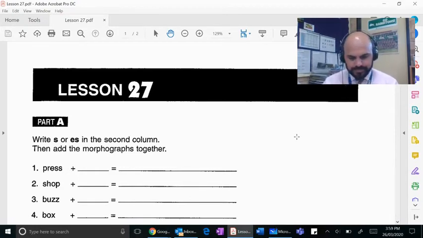Part A, lesson 27, part A. Presses, P-R-E-S-S-E-S, shops, S-H-O-P-S, buzzers, B-U-Z-Z-E-S, boxes, B-O-X-E-S, stretches, S-T-R-E-T-C-H-E-S, riches, R-I-C-H-E-S, washes, W-A-S-H-E-S, and scripts, S-C-R-I-P-T-S.